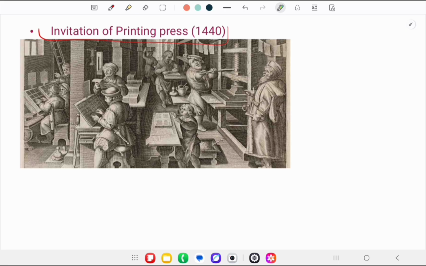Before the invention of the printing press, books were painstakingly copied by hand, limiting access to literature and religious texts.